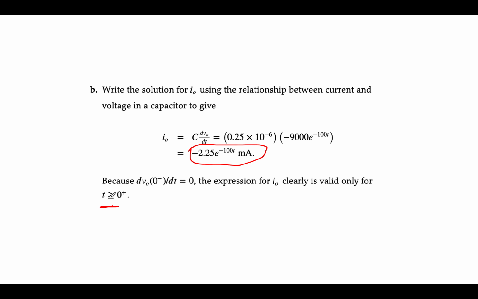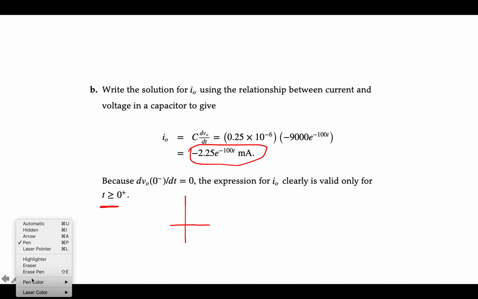So for t greater than or equal to what we refer to as 0 plus, the instant that the switch moved, this expression is valid, and what happened was the current jumped. I had 0 current, and then it jumps down here to minus 2.5, and then exponentially approaches what?